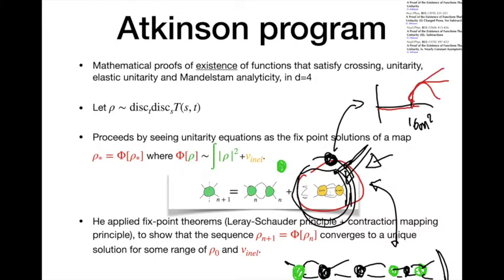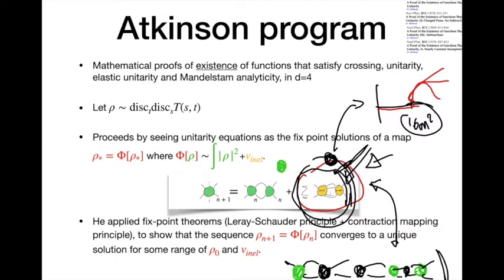But it's not nothing. It's something on the real axis, it could be anything, right? Yeah, I mean, pretty much. You want it to have some reasonable behavior at infinity, otherwise you need to do subtractions, etc.